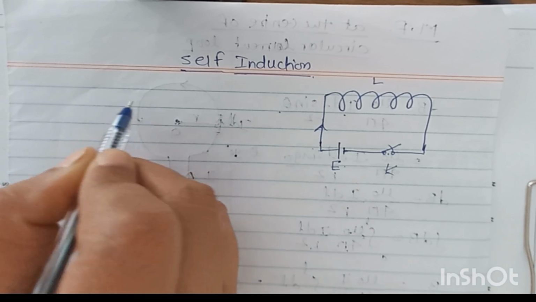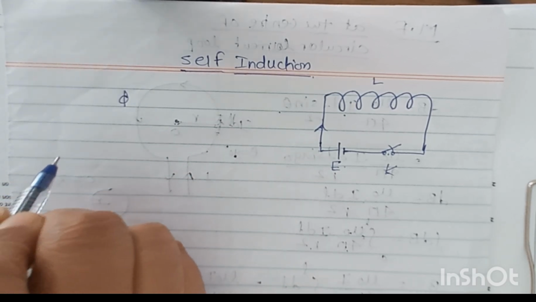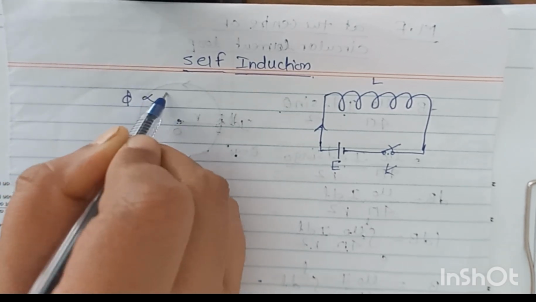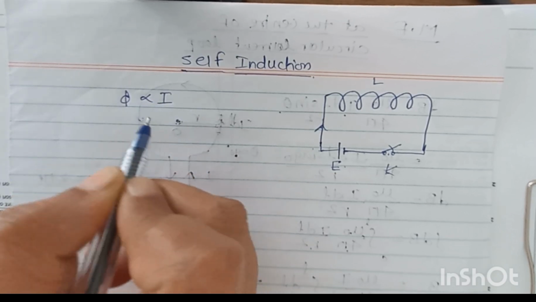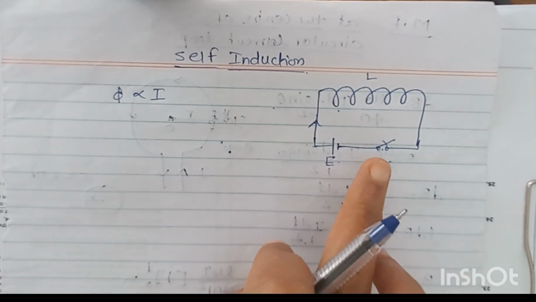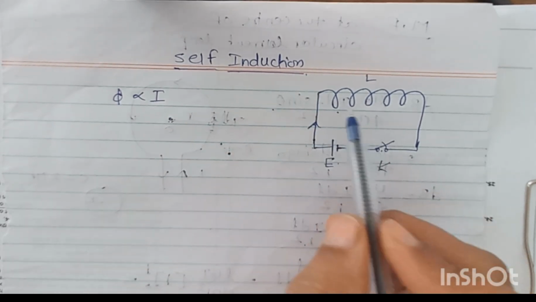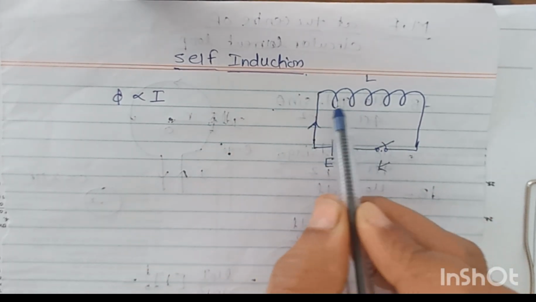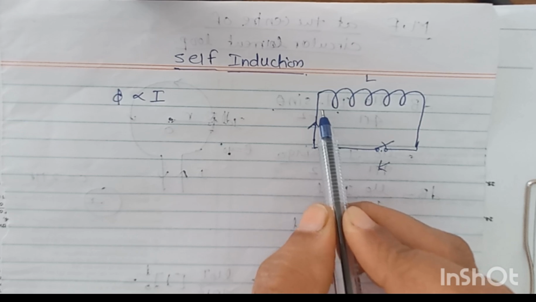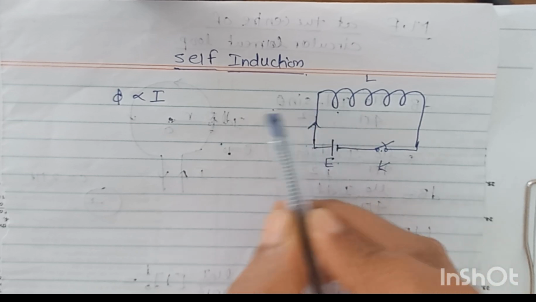So in short, who is responsible for the induction of this EMF? The flux is responsible. This flux is directly proportional to I, because due to pressing and opening of the key, the number of field lines passing through this coil increases and decreases, and we know that the number of field lines passing through the coil is nothing but the flux.